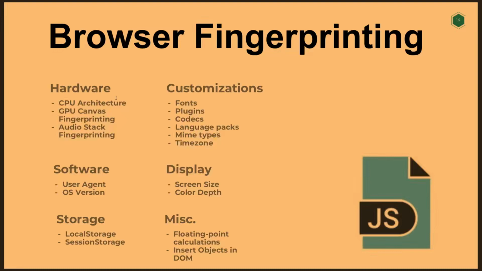The next piece is GPU canvas fingerprinting, which is pretty interesting. This came out a few years ago from a research paper, I think from UCSD, where the technique is to create an HTML5 canvas element, draw some random image on top of it, and then read the raw pixels back from the canvas.